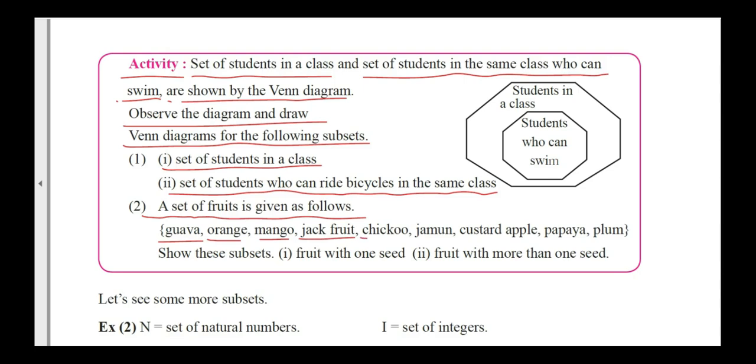These are the names of all the fruits. Show this subset, that is fruits with one seed and fruits with more than one seed. The students can perform this activity.